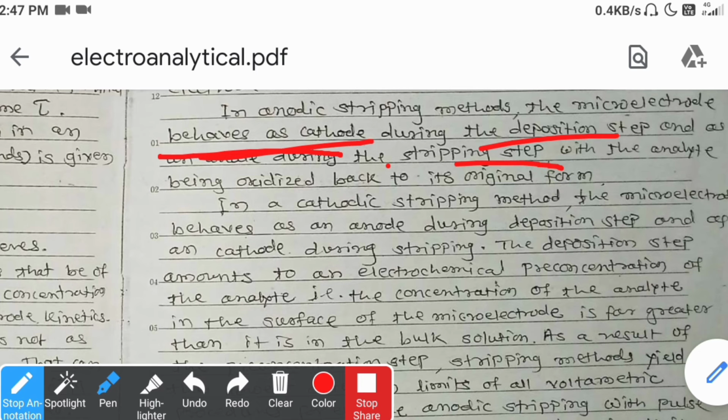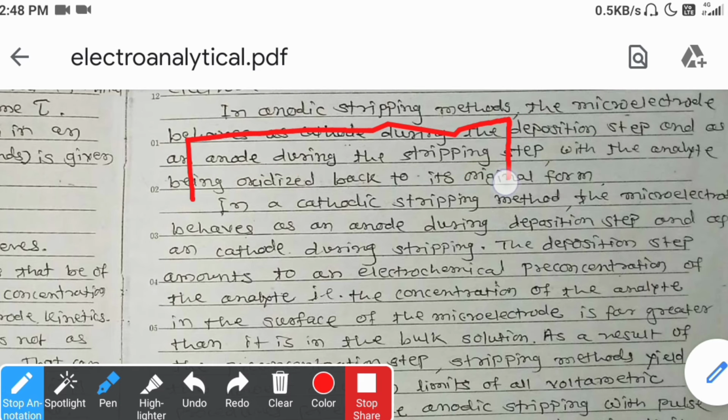So this is the difference between the two methods. During the deposition step or pre-concentration step, it behaves as a cathode, and during the stripping step it behaves as an anode. The electrode which behaves as an anode during the stripping step is the anodic stripping method. Similarly, for the cathodic method, the electrode will behave as a cathode during the stripping step.